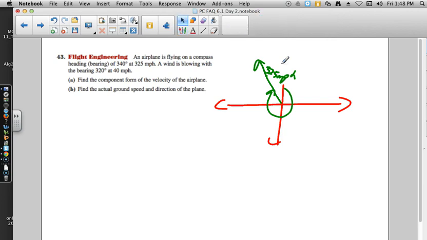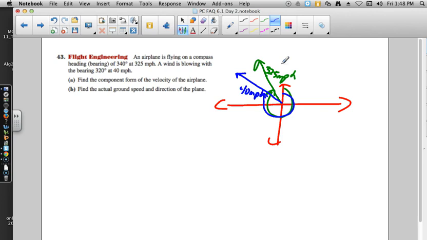Here, we'll do that. And we've got a wind blowing with a bearing of 320 degrees. And that other one was 340, so we just want to go about 20 short of that one, because that is 40 miles per hour.